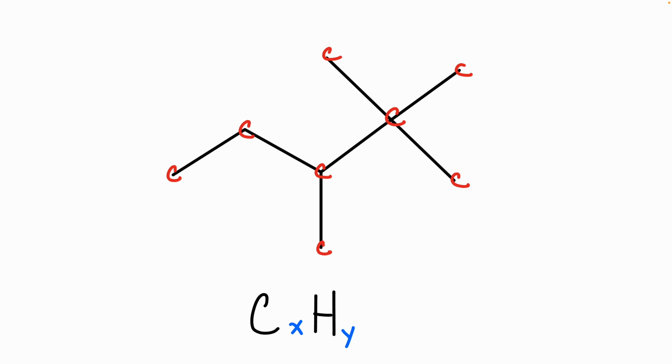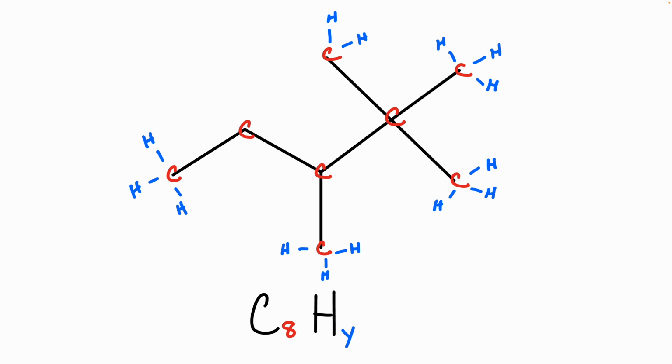All right, I'm going to fill in my hydrogens. So we said C8. All the ones sticking off the end here would have 3. What about this one right here?